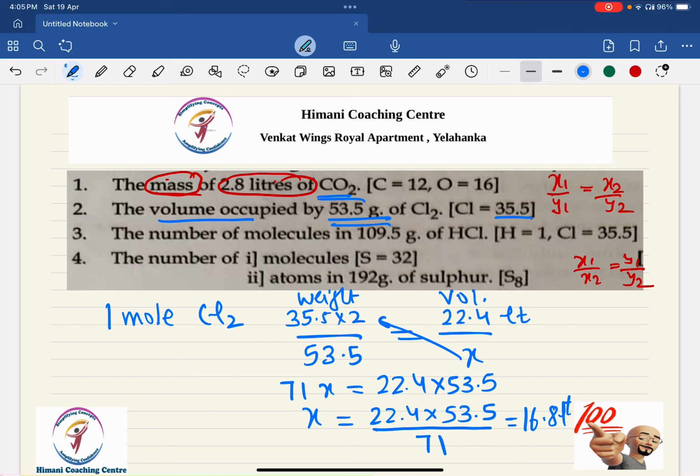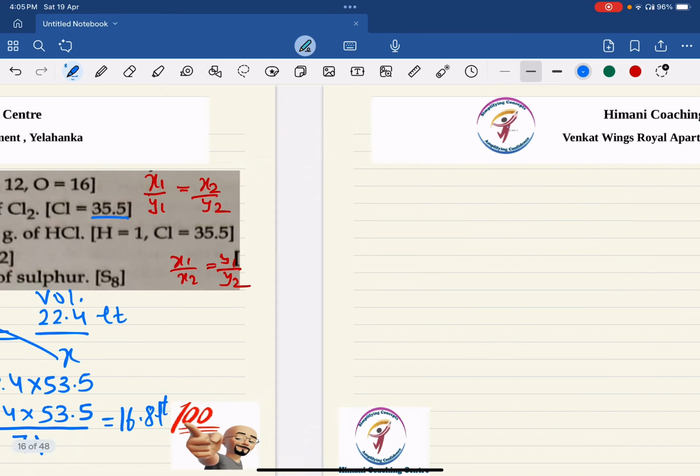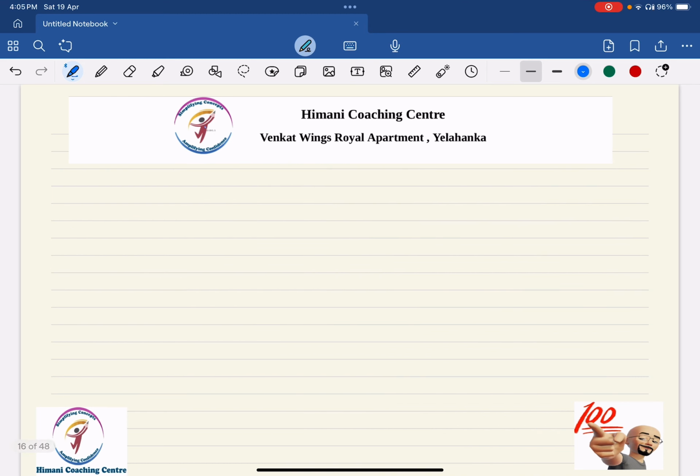It says find the number of molecules in 109.5 grams of HCl. Let us go to the next page. So we are asked to find the number of molecules in 109.5 grams of HCl.